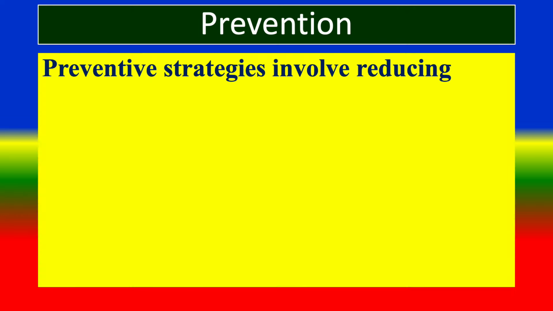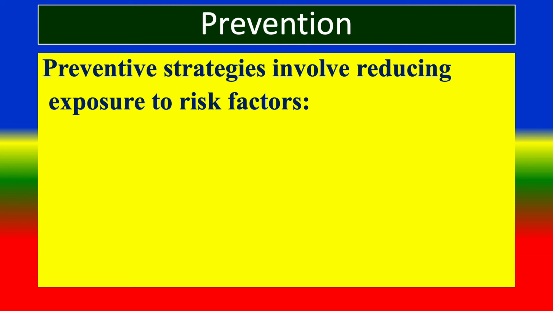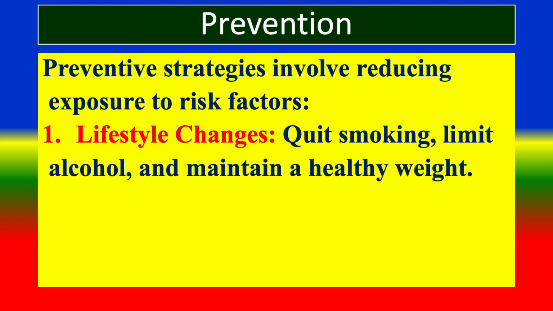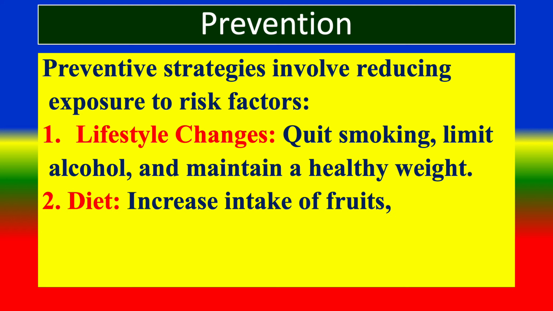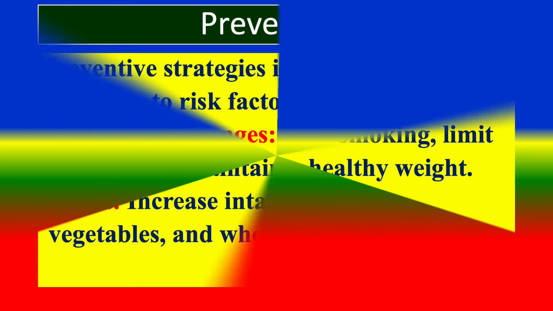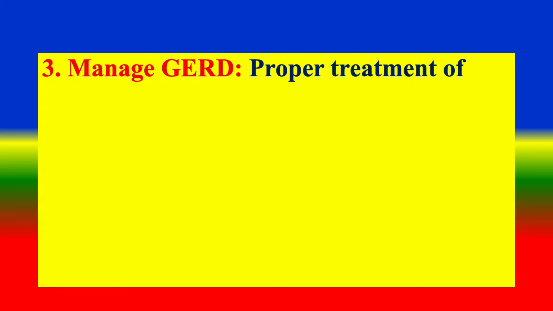Prevention. Preventive strategies involve reducing exposure to risk factors. 1. Lifestyle changes, quit smoking, limit alcohol and maintain healthy weight. 2. Diet, increase intake of fruits, vegetables and whole grains. 3.